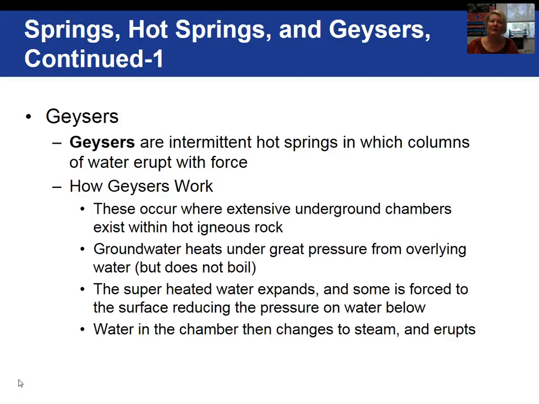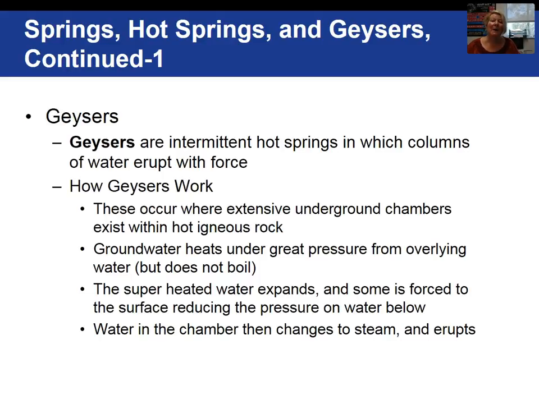A geyser is a hot spring, but it erupts at various times. How this occurs is there needs to be underground chambers near hot igneous rock. So the groundwater is getting heated by that hot igneous rock, and it's also under a lot of pressure.